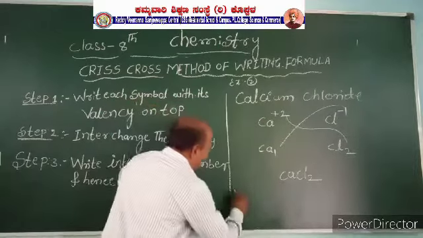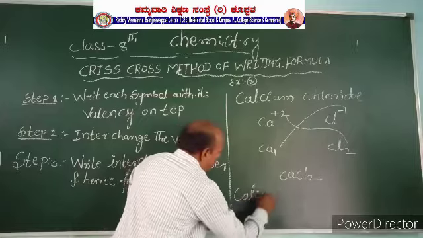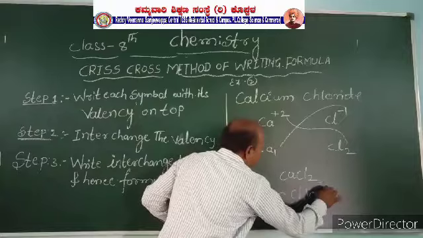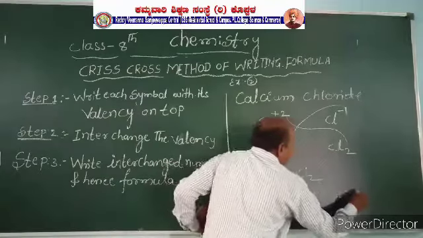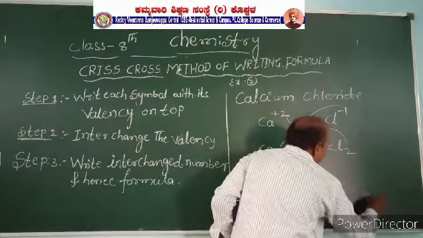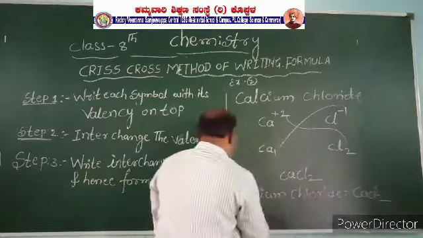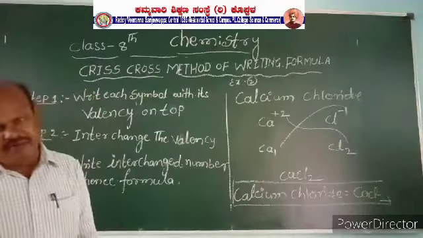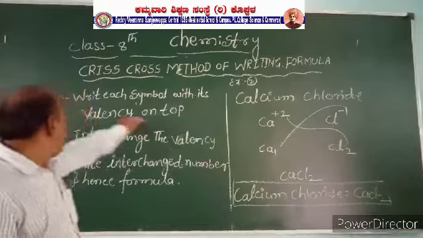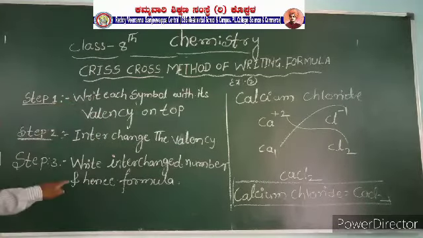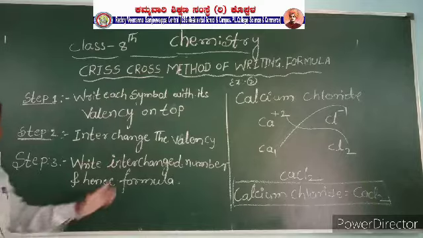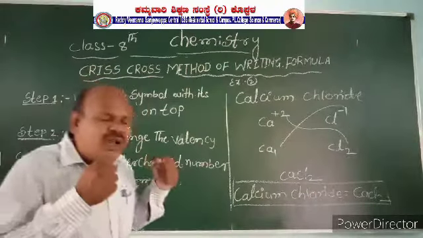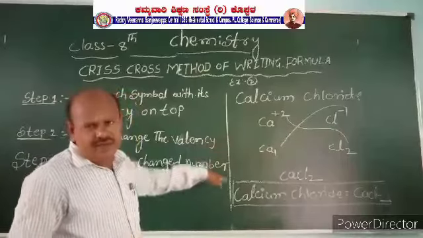Calcium chloride is CaCl2. This is the chemical formula of calcium chloride. It is very easy to write the chemical formula using these 3 steps and that positive and negative radicals table. You should learn that table. Last year also you learned it.